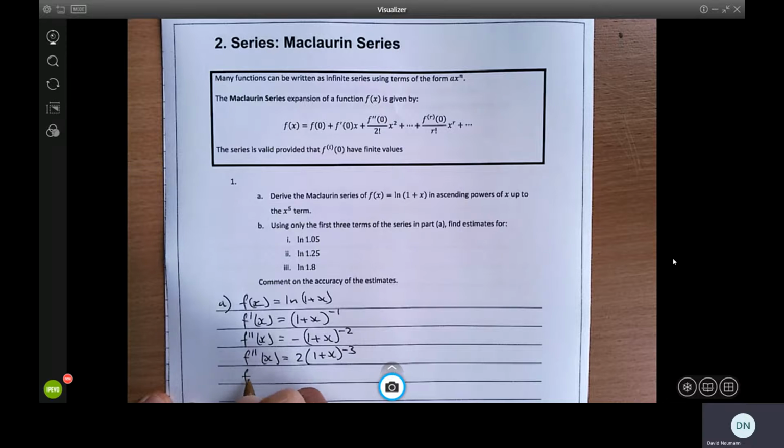Sorry, that was the third derivative. Fourth derivative, we can write 4 there, we quite often put that in brackets, of x is going to be minus 6 times 1 plus x to the minus 4, and the 5th derivative is going to be 24 times 1 plus x to the minus 5.